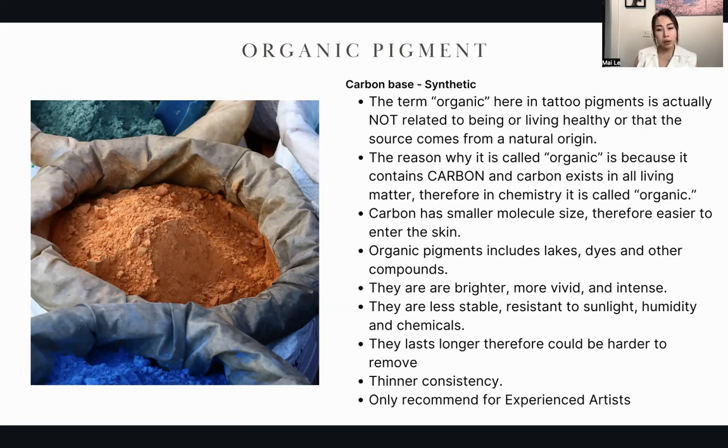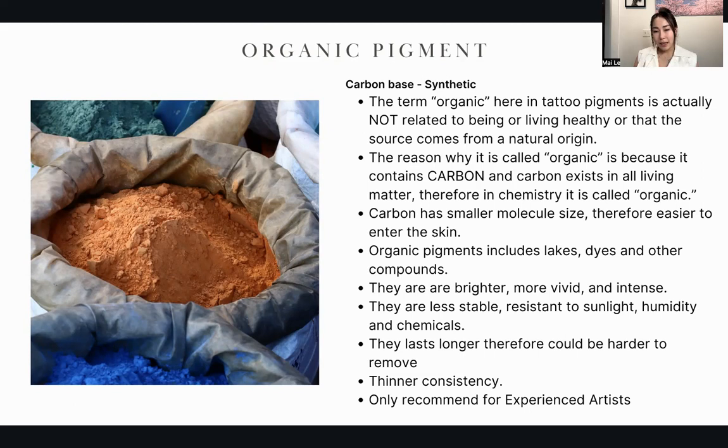Carbon has a smaller molecule size, therefore it's easier to enter the skin. So if you're working with organic pigment, you will see that it enters the skin very easily. It also has a brighter, more vivid and intense color.